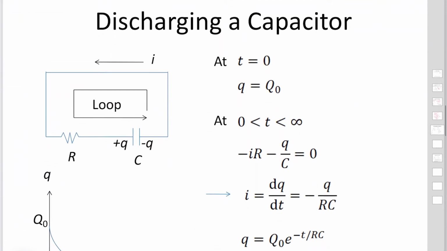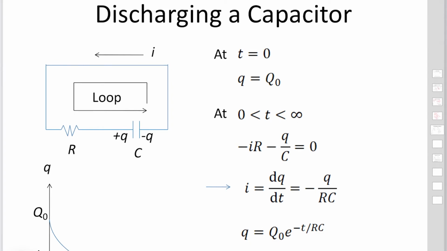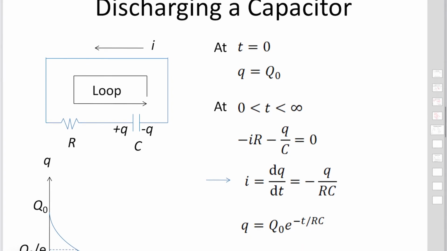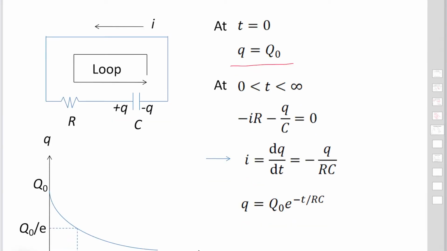Then discharging the capacitor, we remove the battery. Then we'd like to find what happens. At t equals 0, the total amount of charge stored in the capacitor is Q sub 0. Between t equals 0 and infinity, we apply Kirchhoff's loop rules: minus IR minus Q over C. Again, I equals dq dt.